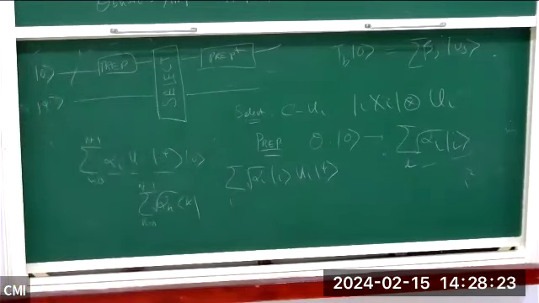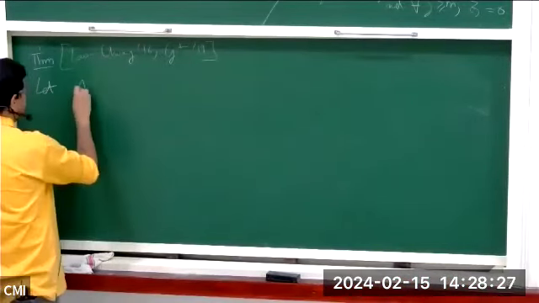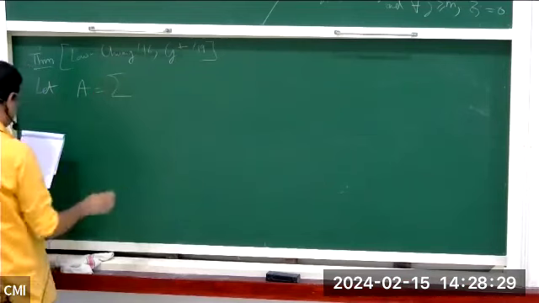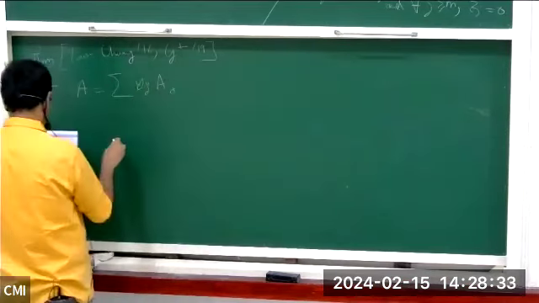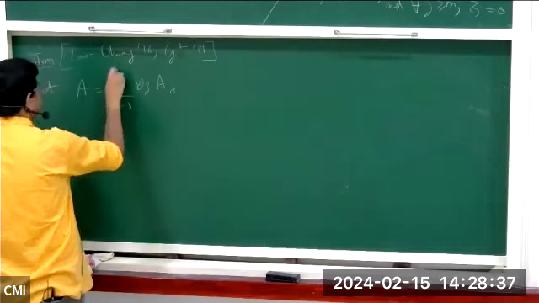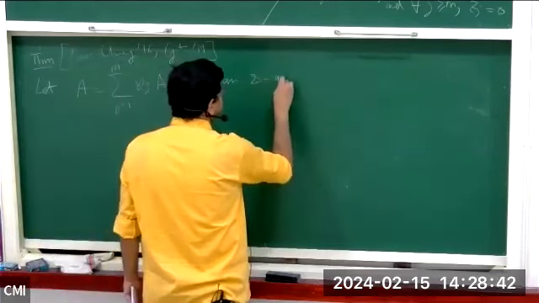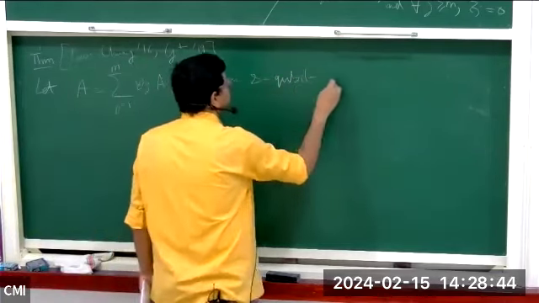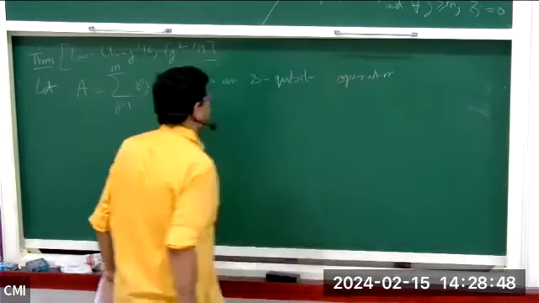Okay, so let A equal to summation of y_j A_j, j equal to 1 to m, be an n-qubit operator.